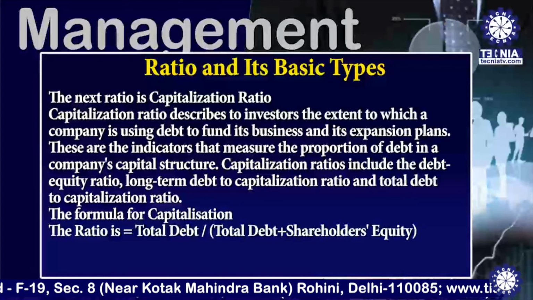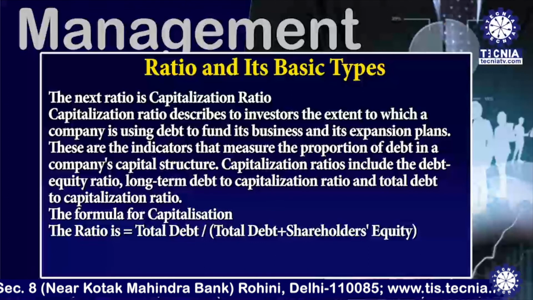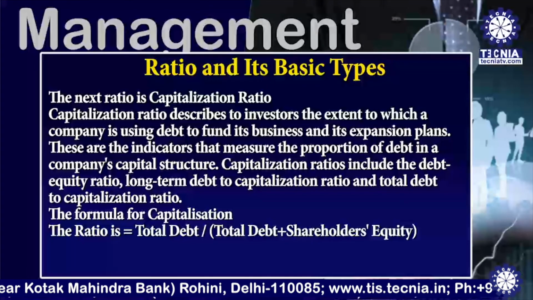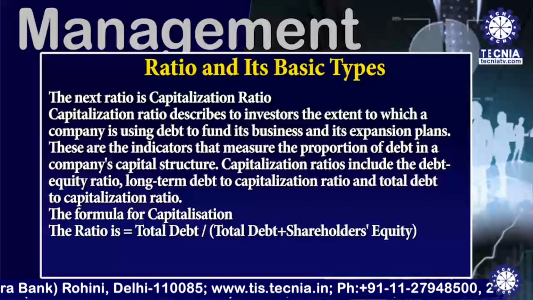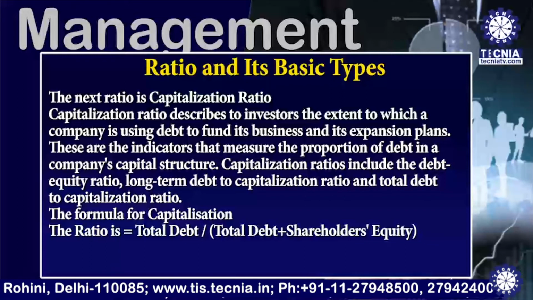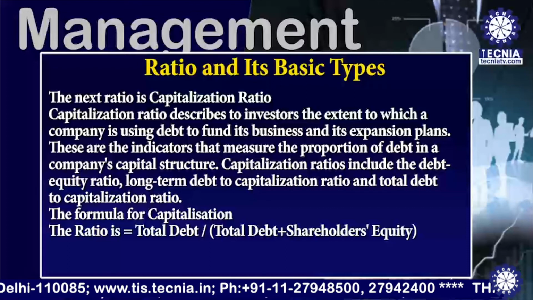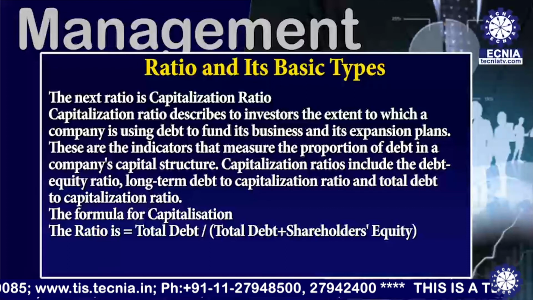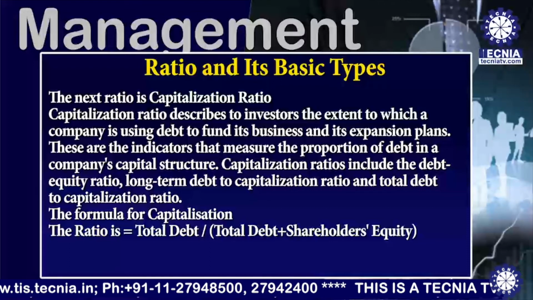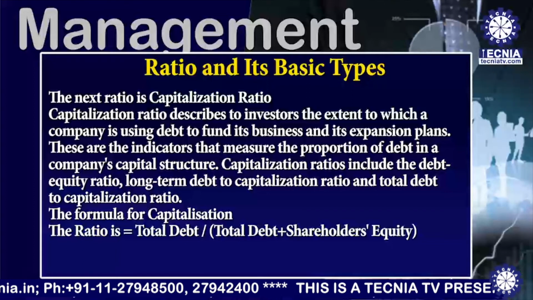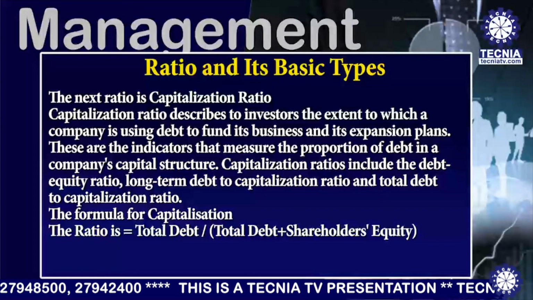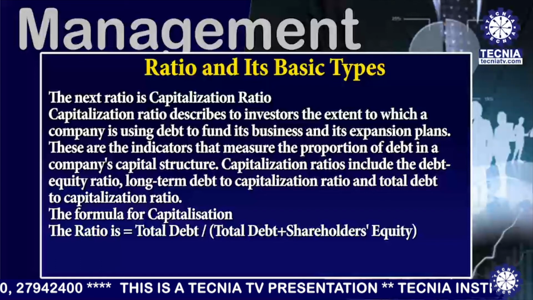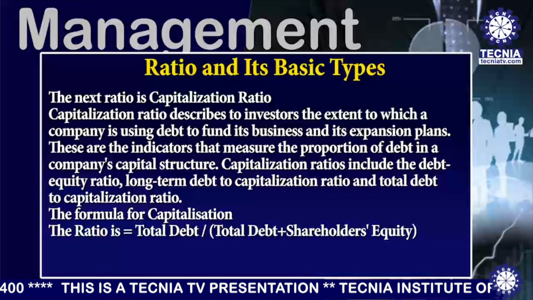The next ratio is capitalization ratio. Capitalization ratio describes to investors the extent to which a company is using debt to fund its business and its expansion plans. These are the indicators that measure the portion of debt in a company's capital structure.